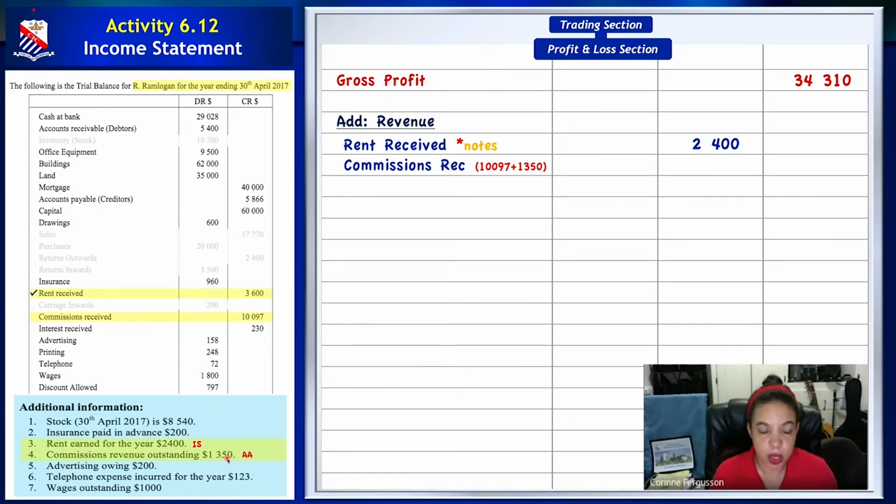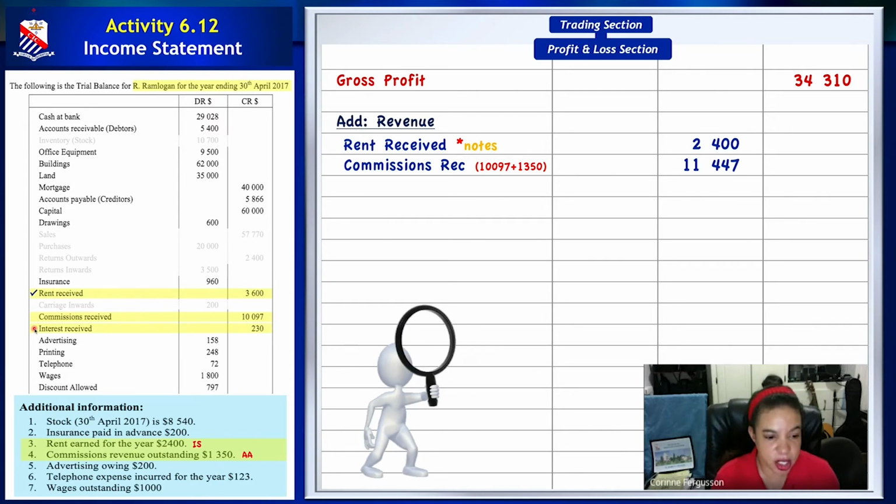The working would be the amount in your trial balance of $10,097. Since it's an accrual, you would add your accrual of $1,350, and the answer you get, you put that in the middle column, and that is $11,447.